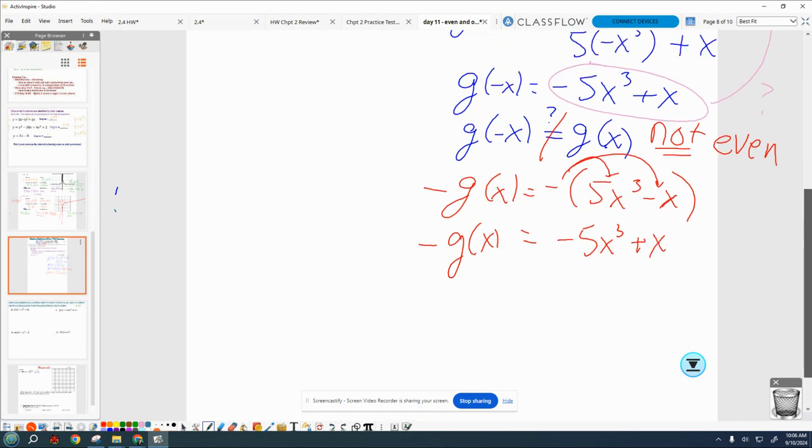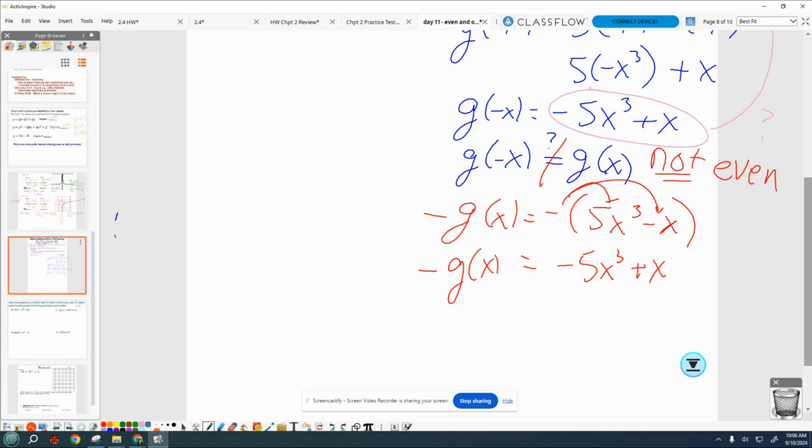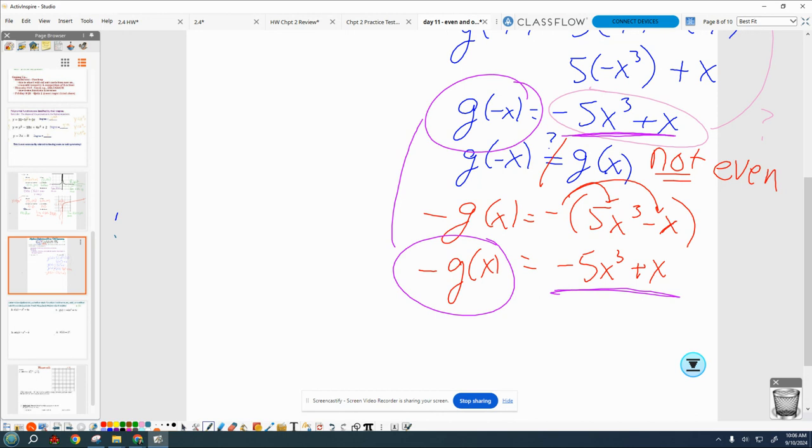All right, so Leo, now testing, looking at these guys. Does g of negative x equal negative g of x? Does this equal that? Yes.